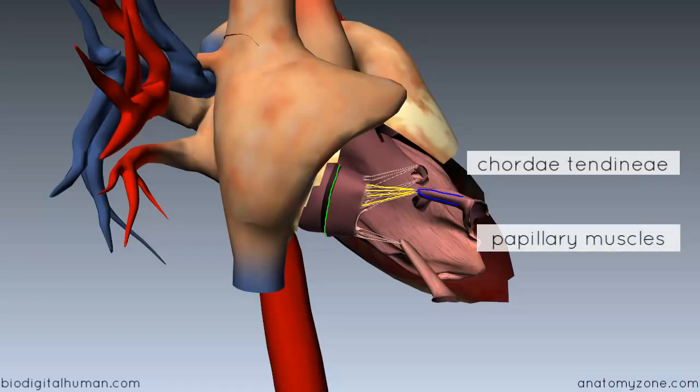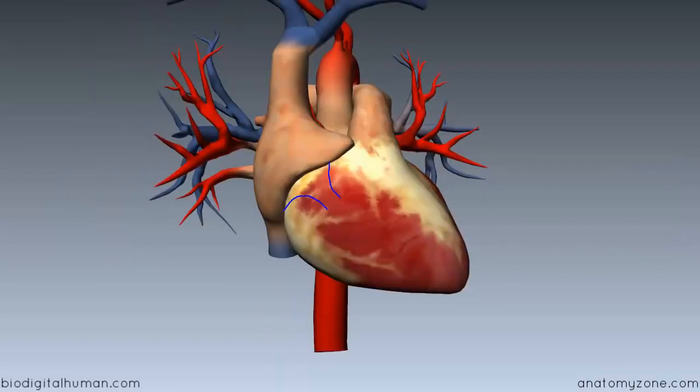The point of the chordae tendineae and the papillary muscles is to prevent the tricuspid valve from being everted back into the right atrium when the ventricle contracts and the pressure increases and the backflow of blood forces against the tricuspid valve. Just to show you more diagrammatically, imagine these two blue structures are the cusps of the tricuspid valve.